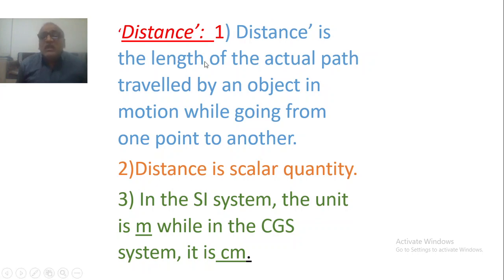Distance is the length of the actual path traveled by an object in motion while going from one point to another. So there is no necessity of direction. That's why distance is a scalar quantity. In the SI system, the unit of distance is meter, while in the CGS system, it is centimeter.